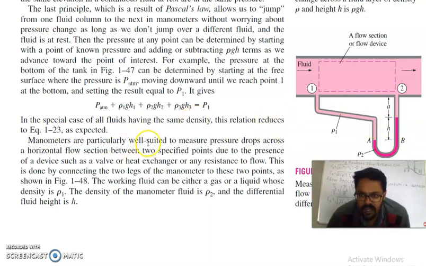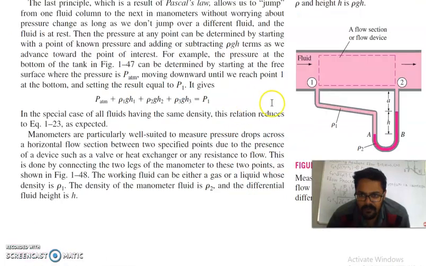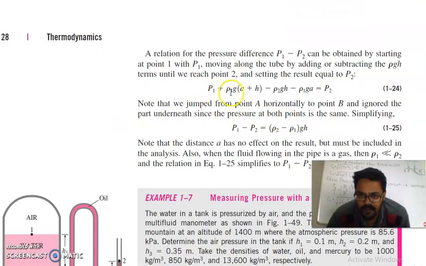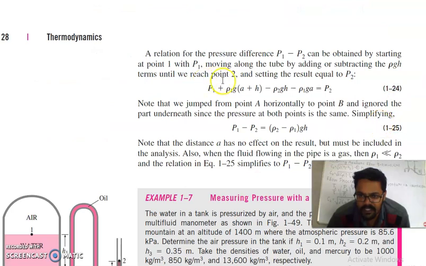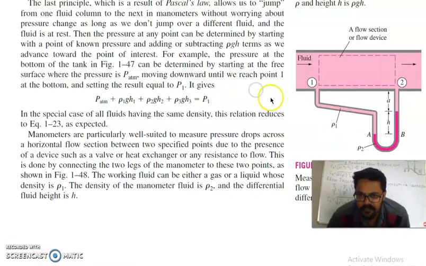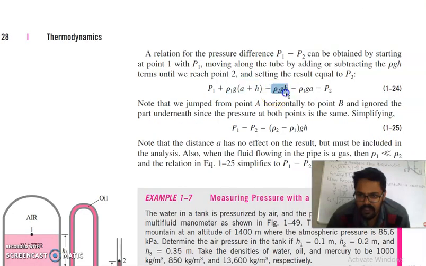Now if you do the calculations, you have this pressure P1 plus density rho 1, and this much amount of depression is equal to rho 1 g a. So rho 1 g a minus this density into this height, so minus rho 2 g h.